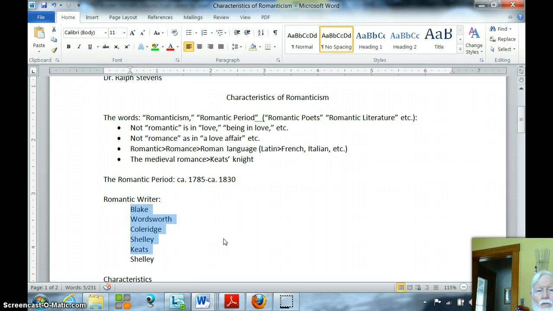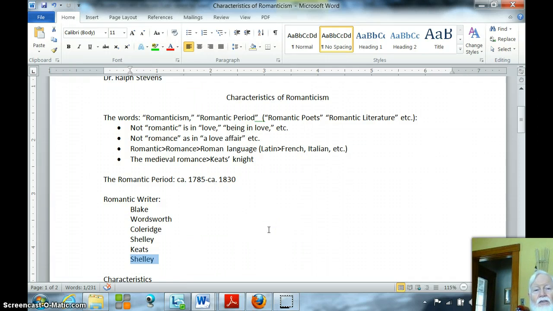Romantic poets, Romantic writers. But notice that I've repeated the name Shelley here. Why? Because there is another very important Shelley. She is Mary Shelley, the wife of Percy Shelley, the author of our poem Ode to the West Wind. And guess who Mary Shelley is?